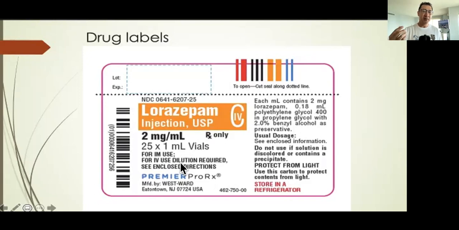For this specific medication, it's the consistency of an oil. So it's very thick. Imagine injecting that into somebody through the IV with an oil consistency. So the manufacturer recommends we dilute it, and we do.